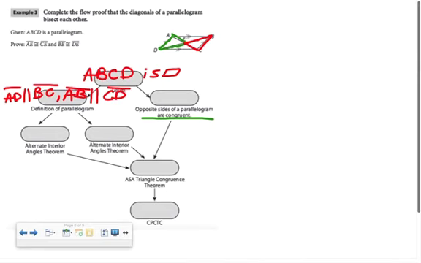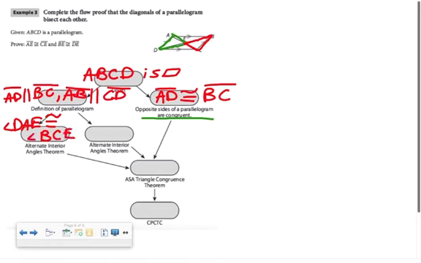We already talked about how we can say that AD is congruent to BC because they're opposite sides of a parallelogram, so we know that they're going to be congruent. And we talked about the alternate interior angles, same as the last two proofs. Angle DAE is congruent to angle BCE.